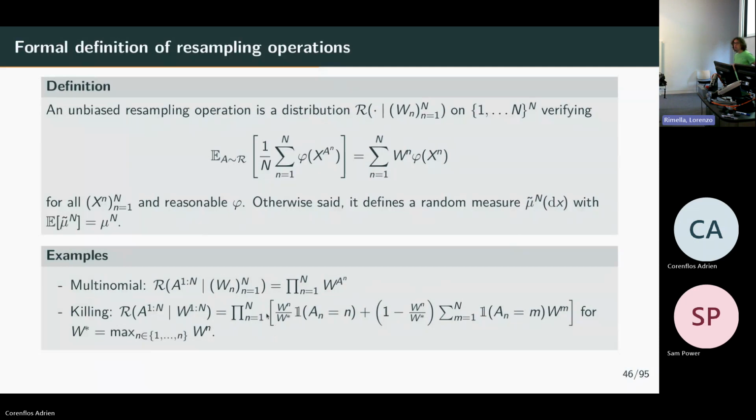Another one, which I'm going to be touching upon later, is the killing resampling, which says with a given probability, I don't touch your index. Otherwise, I just replace it by one of the other ones. So it's a modification of the multinomial resampling. When you replace, you replace them with one of the others, either uniformly or according to a distribution.